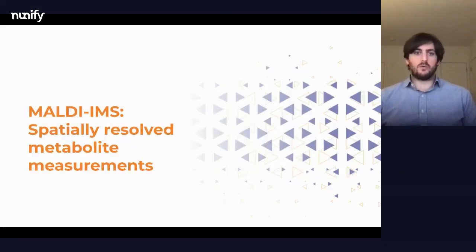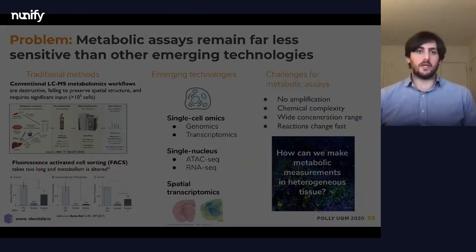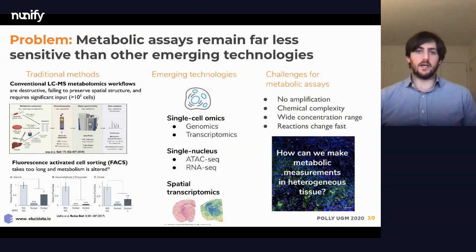And so we wanted to develop MALDI imaging mass spectrometry to get these spatially resolved measurements. I'll focus on some data from the kidney. We have all these emerging techniques that can measure single cell omics, genomics, transcriptomics. But if you notice, our traditional methods in metabolomics need many cells.